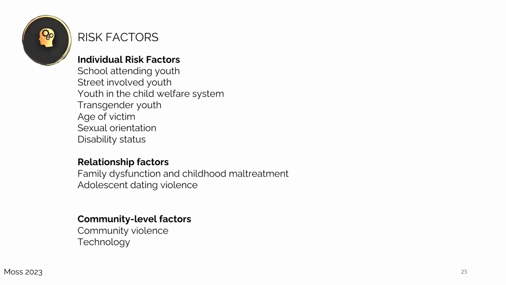Transgender youth, and the age of the victim: younger children up to around 12 are more at risk of sexual abuse. Sexual orientation is a risk factor, as is disability status. Some relationship factors include family dysfunction and child maltreatment, adolescent dating violence, and then on the community level, community violence and technology, and we'll be talking about how technology also could be a breeding ground for child sexual abuse.